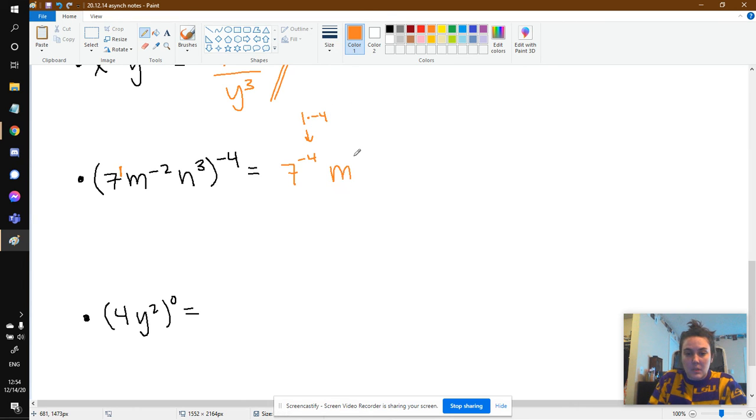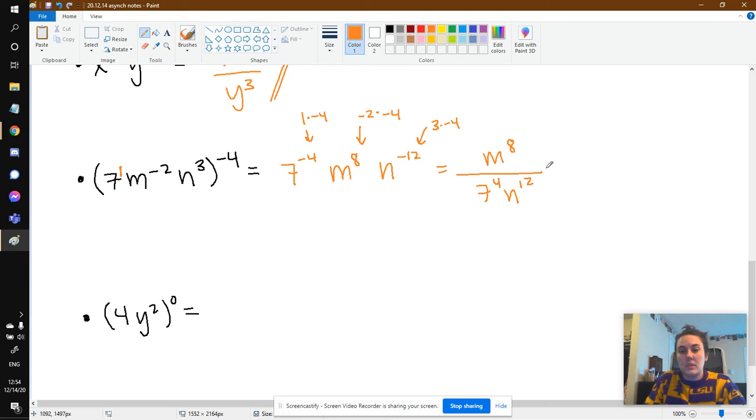This becomes m to the power of positive 8 because that's negative 2 times negative 4. And this becomes n to the power of negative 12 since that is 3 times negative 4. I'm then going to use my negative rule: m to the 8th stays where it's at because it's a positive exponent, and 7 to the 4th and n to the 12th get flipped because they're negative exponents.